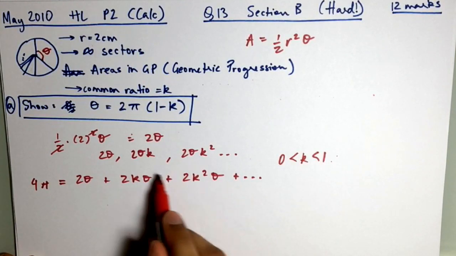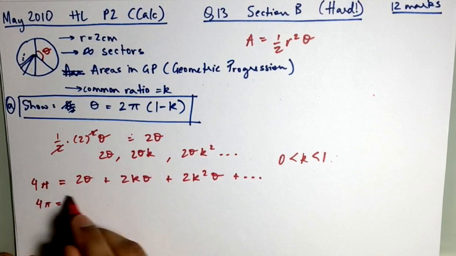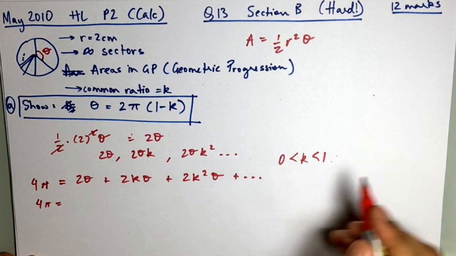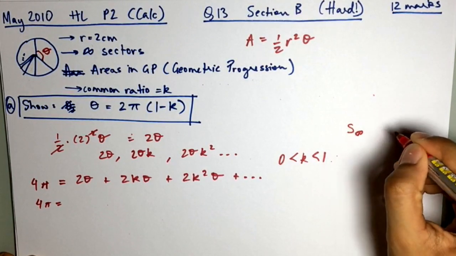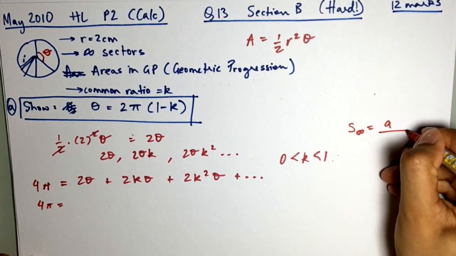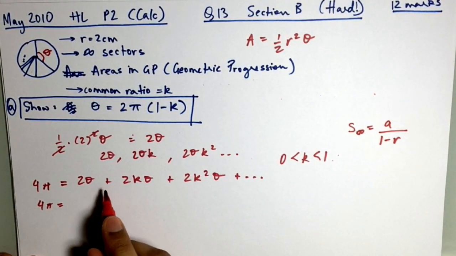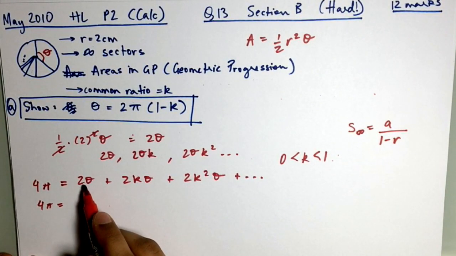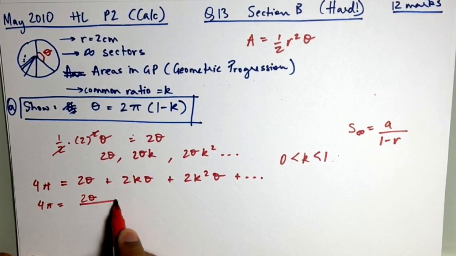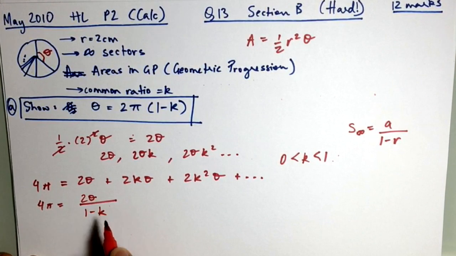So for this geometric series, we know that the sum to infinity of a geometric series that converges equals the first term a over 1 minus r, the common ratio. So you can do the same thing here. The first term is 2 theta, so 2 theta here. And the common ratio is k, so 1 minus k.